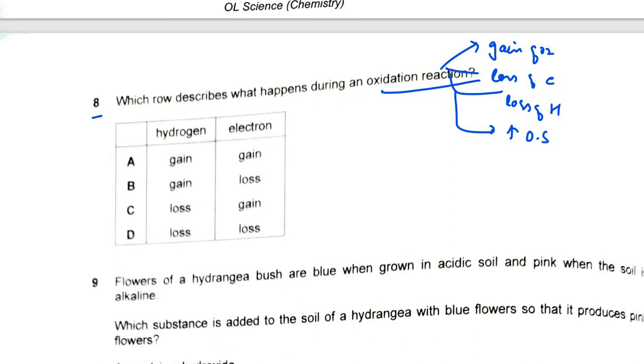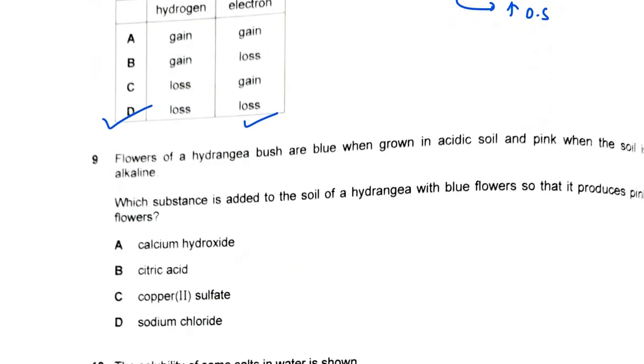Even though they have not asked you about the others, keep revising, because this is constantly asked in all examinations. So which will describe what happens in oxidation? Already I told you oxidation means loss of hydrogen, yes, loss of electron, yes. Why? Because then you will form a cation, and that is the oxidation process.